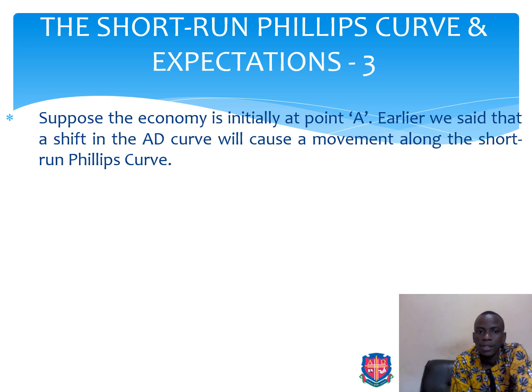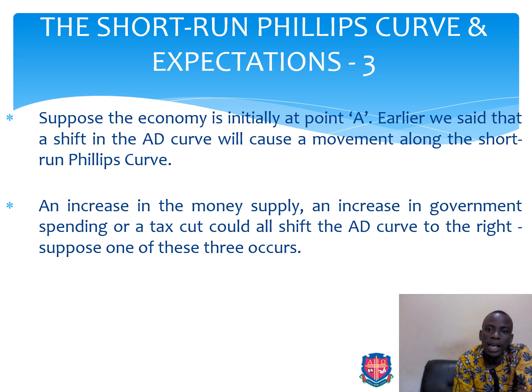Suppose the economy is initially at point A. Earlier we said a shift in the aggregate demand curve will cause a movement along the short-run Phillips curve. If you recall, when aggregate demand increased, output increased and unemployment reduced, and we had an upward movement along the Phillips curve.